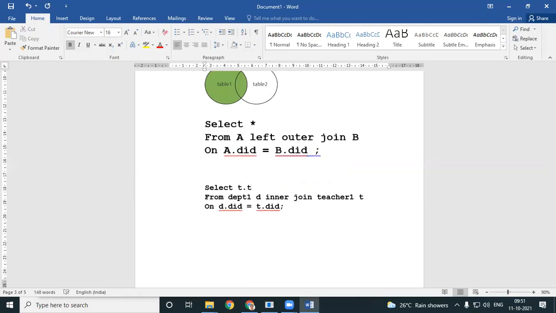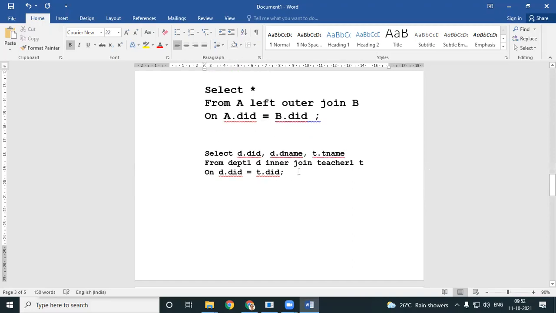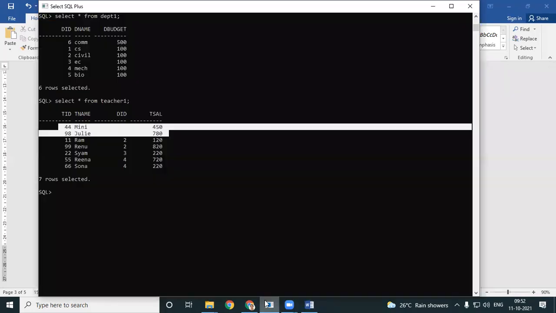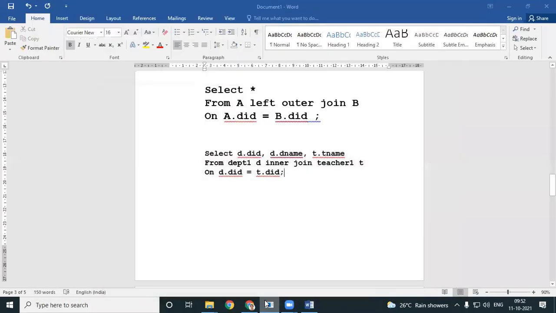I'll just give D dot did, D dot D name, T dot T name. So let's see, it's not inner join, we are doing left outer join, isn't it? We are doing left outer join.